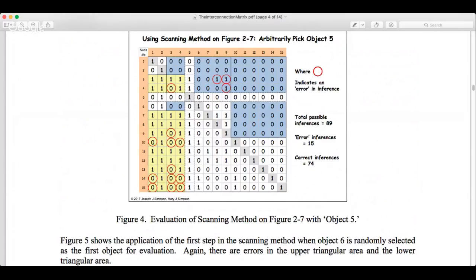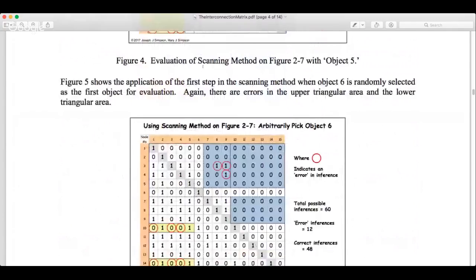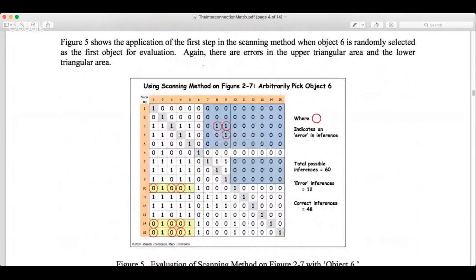And the same with where you're supposed to infer 1s. So that's an indication that we might have some issues right off the bat, just with starting the scanning method.